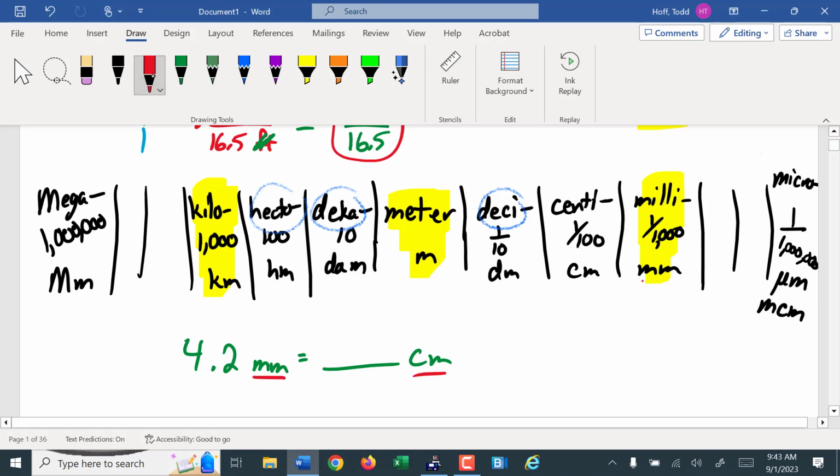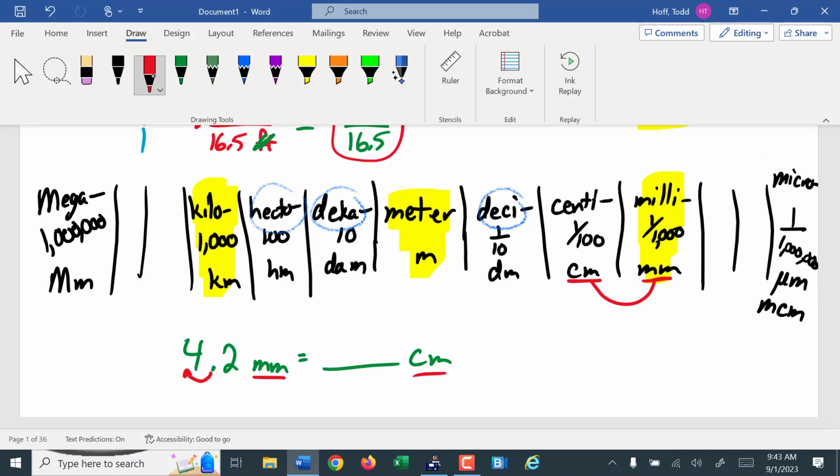So on the chart, from millimeters to centimeters is one spot to the left. All you do is take your decimal point, move over one spot to the left, 0.42 centimeters. The reason that is possible is because each spot on that chart is either multiplying by 10 or dividing by 10. When you multiply or divide by 10, you just move the decimal point one spot.